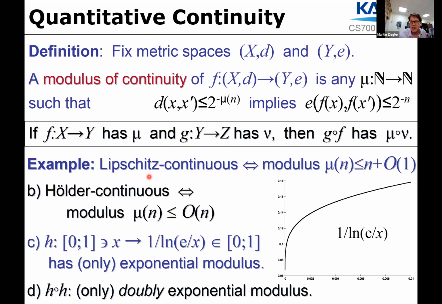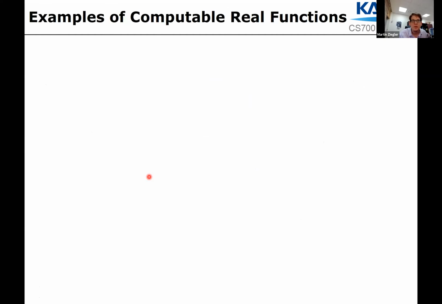And we've seen examples of functions which are not even Hölder continuous, and which have no polynomial modulus of continuity, but an exponential one. And then we've seen an entire hierarchy of such functions whose modulus of continuity necessarily climbs up a sequence of exponential towers.